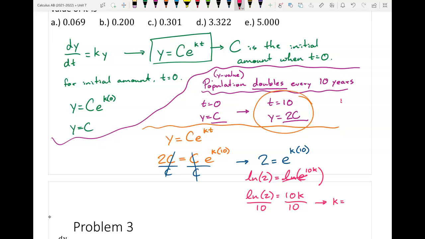You will not know what your initial amount C is, but you can use the relationship of doubling, halving, quadrupling, and be able to do the same process. Okay?